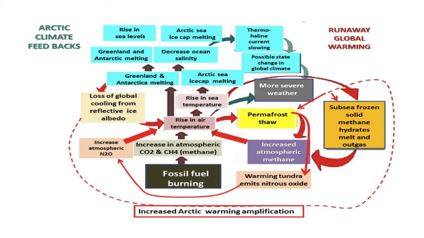That leads to further ice cap melting. At the same time, it also leads to release of subsea frozen deposits of methane, because when this melts, the methane hydrate deposits get released. Permafrost melting also leads to additional release of methane and nitrous oxides, which themselves are also greenhouse gases, leading to further rise in air temperature.